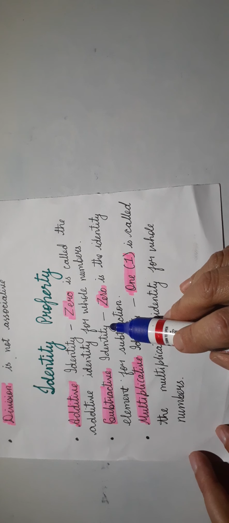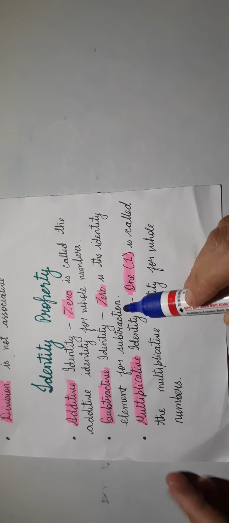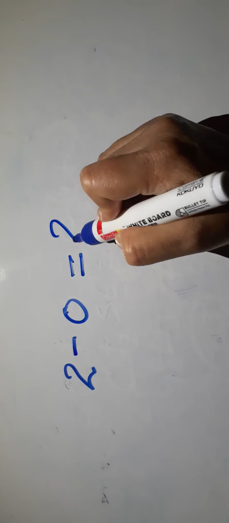Subtractive identity. 0 is the identity element for subtraction. If you take any whole number and you subtract 0 from that whole number, our answer will always be a whole number.